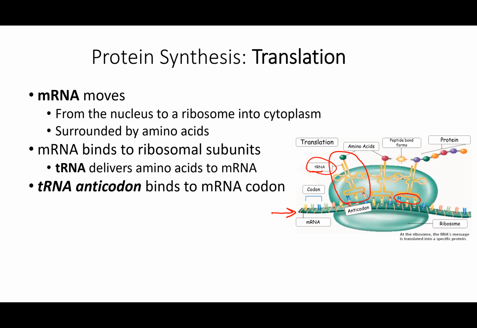Remember, the base right here on the tRNA molecule is the anticodon, and the codon is on the mRNA molecule. The anticodon has to match the codon with complementary base pairs. If it matches, it binds and then transfers the amino acid it's carrying to the growing polypeptide chain.